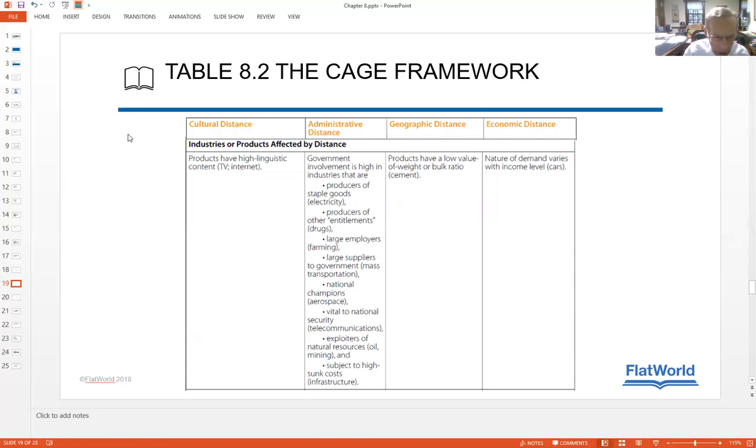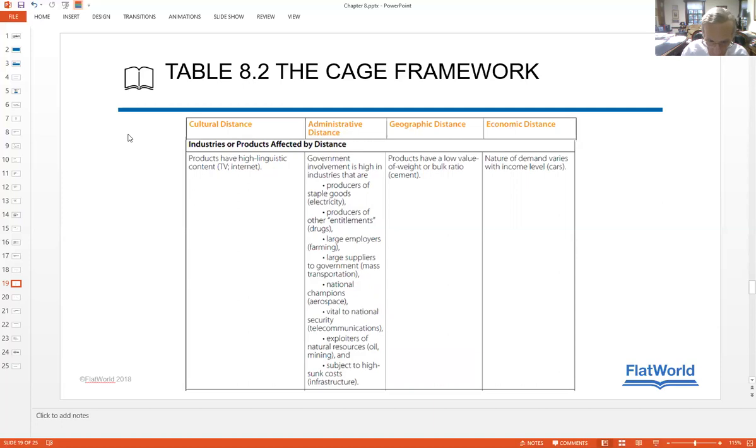So if television programming, for instance, is kind of difficult to put across borders because of language differences or perhaps even transmission standards, broadcasting is affected by cultural differences and distances.